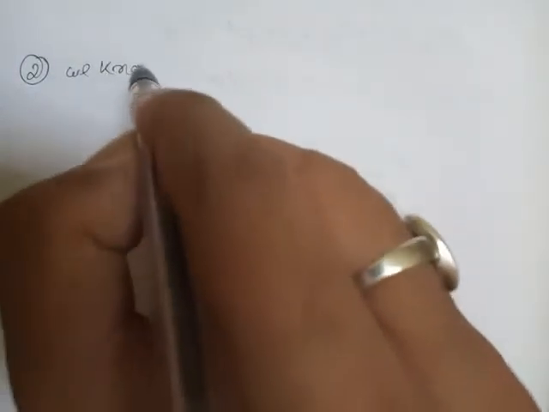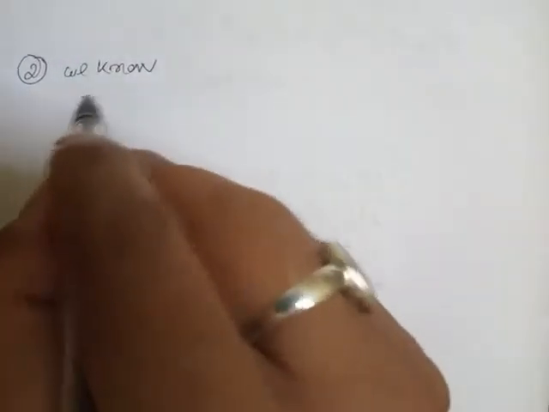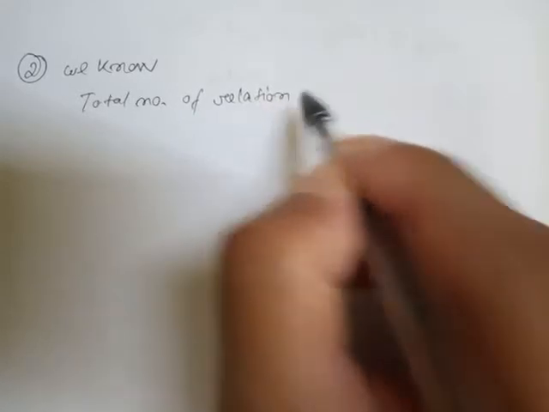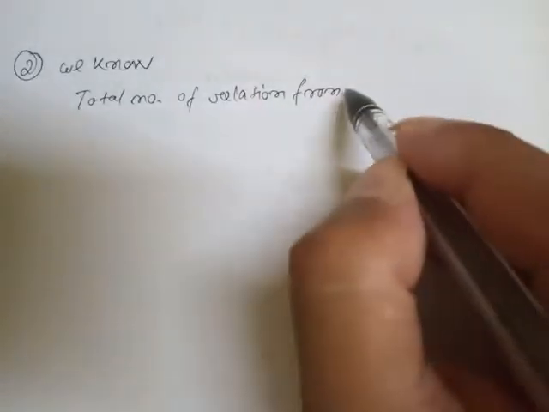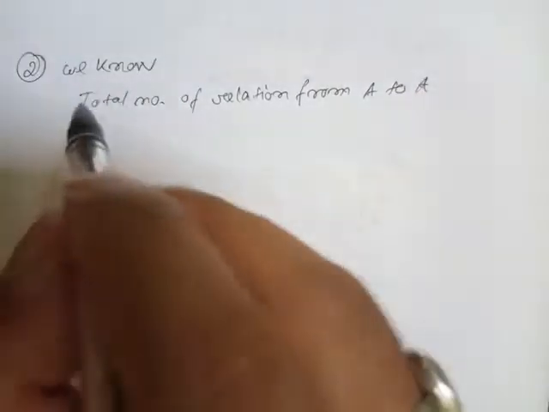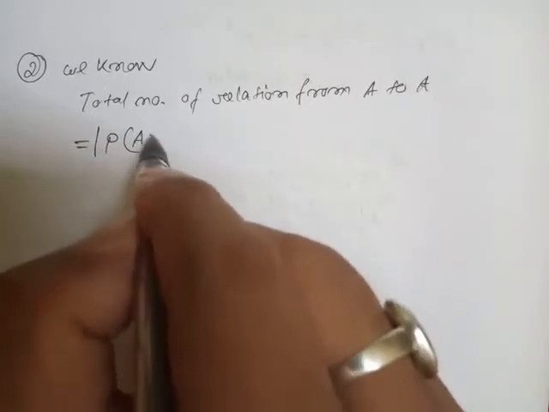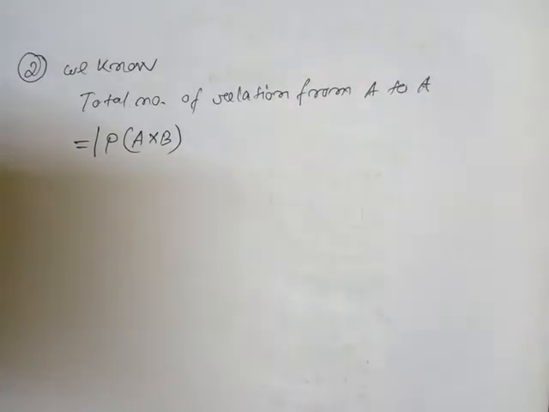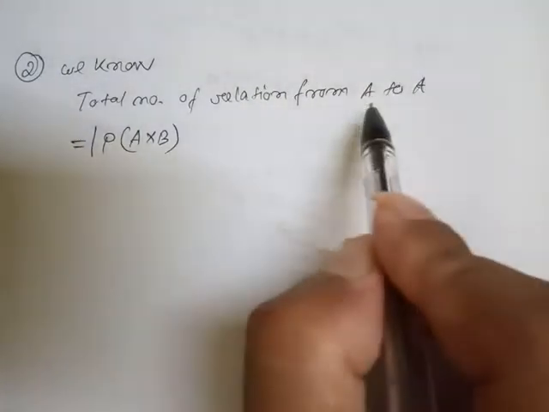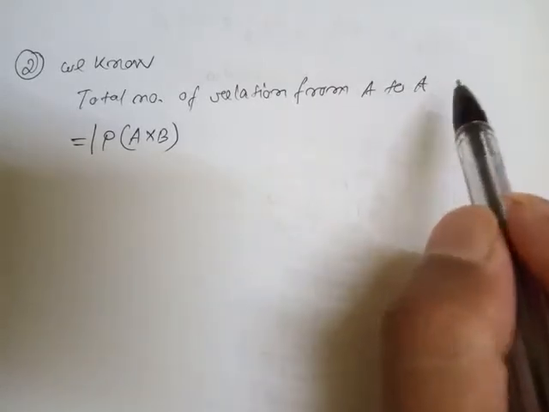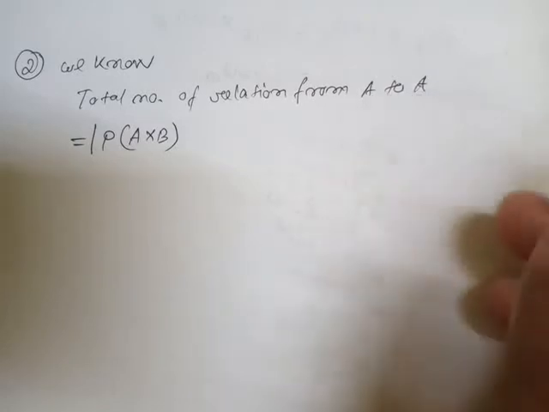Now students, first of all, for question number 2, I will write here that we know the total number of relations from A to A equals, we'll use the formula, the power set of A × B. But actually in this question number 2, there is only one set A and we have to find the relation of A to A only.